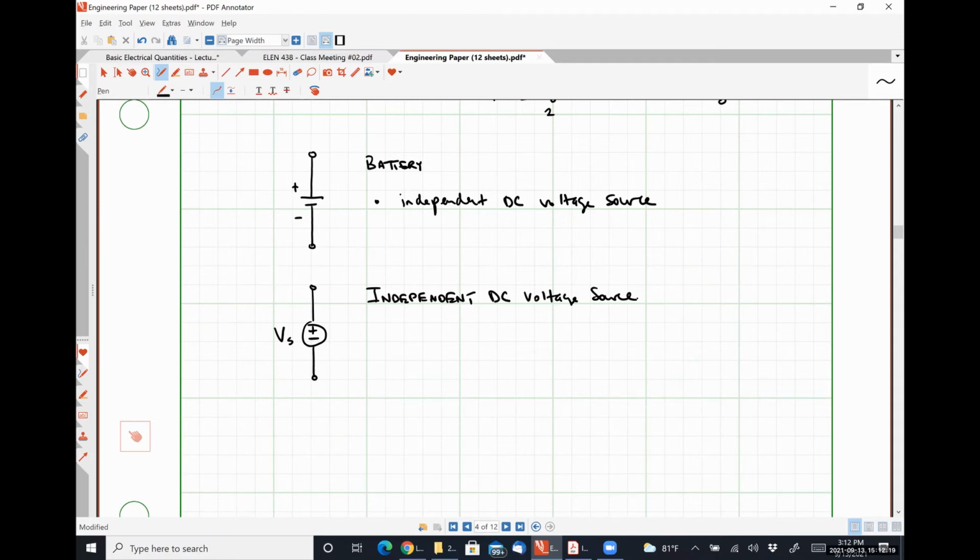And effectively what's going on here is the positive polarity terminal is the one denoted by the plus sign. The negative polarity terminal is the one that's attached to the minus sign. And then the potential difference between those 2 points is whatever VS happens to be.